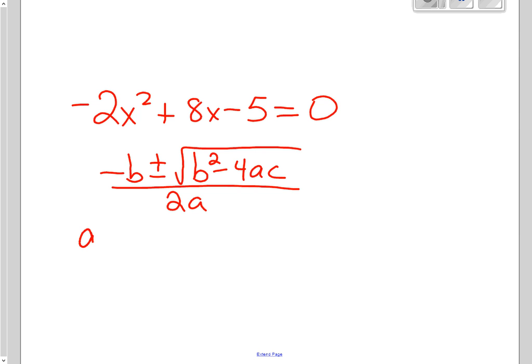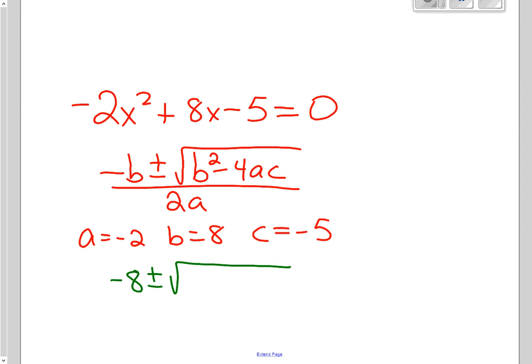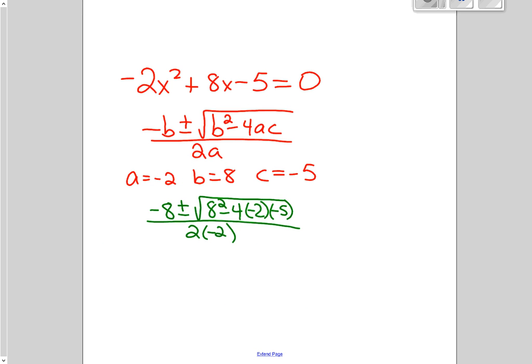Okay, a in this case is a negative 2, b is an 8, c is a negative 5, and I can go ahead and put those numbers in. So when I put an 8 in, it's going to become a negative 8. Remember, it changes signs. 8 squared minus 4 times negative 2 times negative 5, all divided by 2 times negative 2.